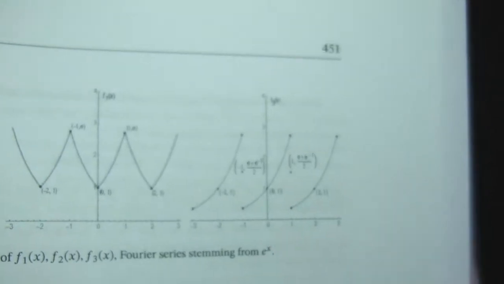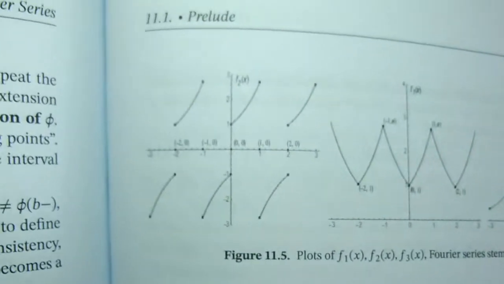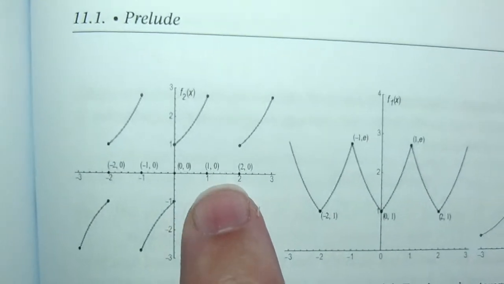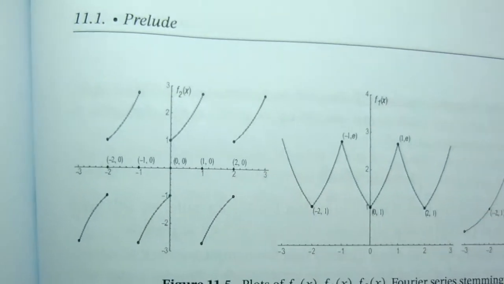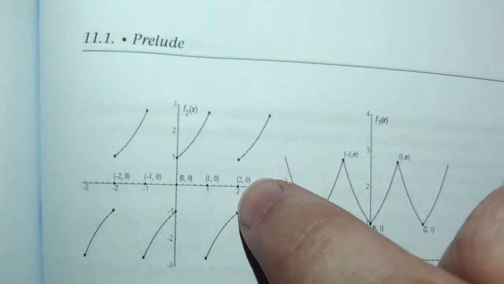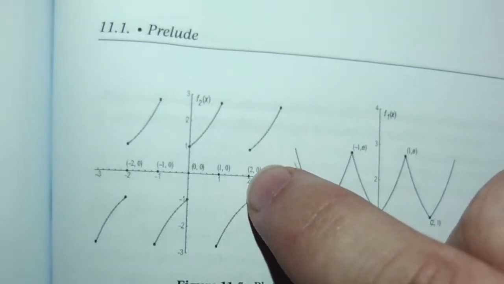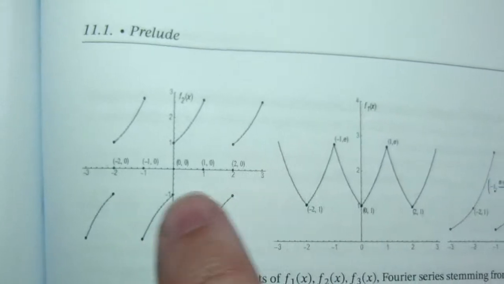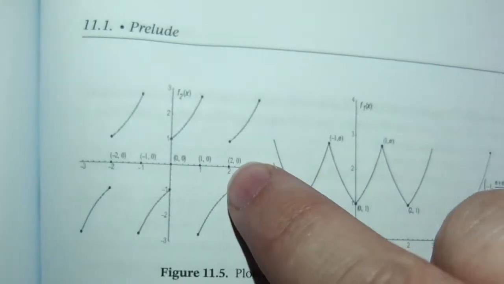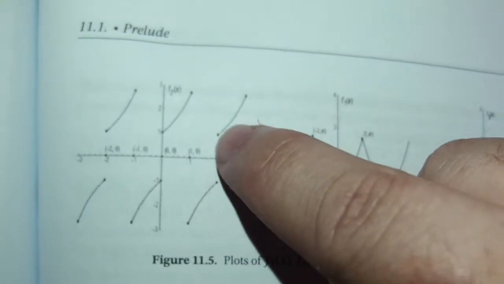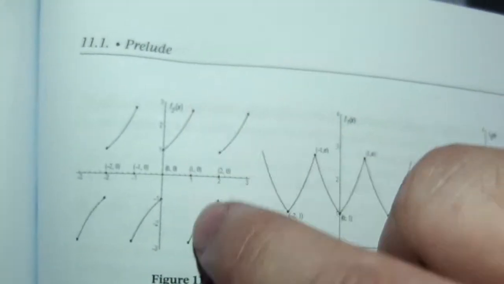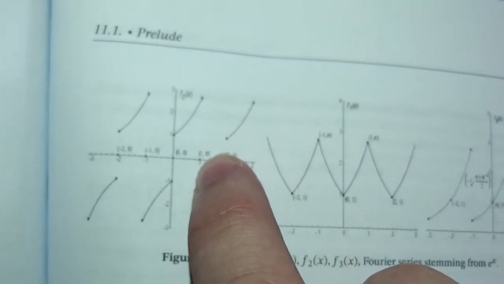Similarly, if we go to the jump discontinuities back over here, it's kind of hard to see in this picture, the value of the Fourier series at each of these jump discontinuities is the average of the values, which in this case turn out to be 0. So here, the average of the values at the discontinuity is 0 because it's the average between these two. Similarly, at this jump discontinuity, the average of the value is also 0.